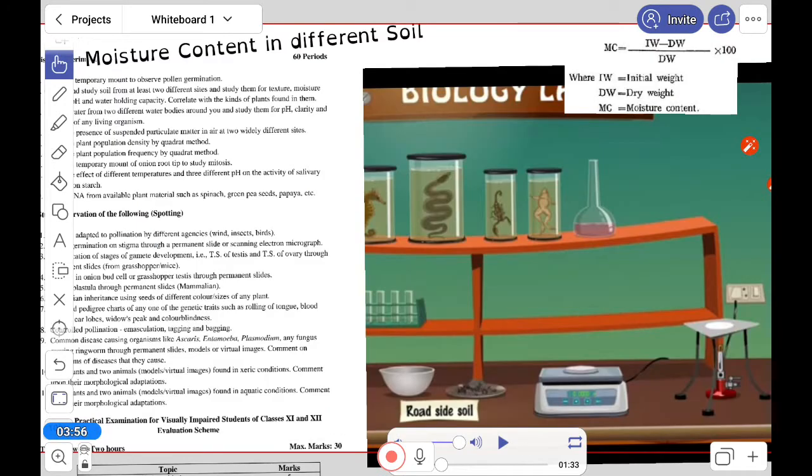This experiment is a very simple experiment. We have to take a certain amount of soil, and then remove the moisture by applying heat, and take the weight initially and finally, and see the amount of moisture that was in the soil.